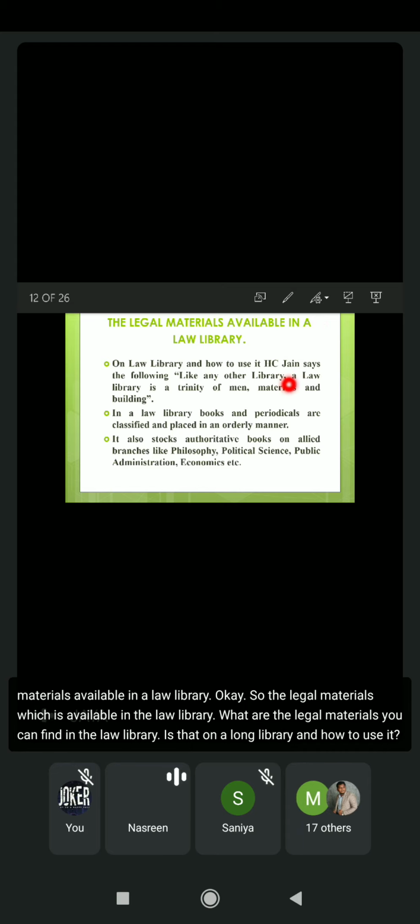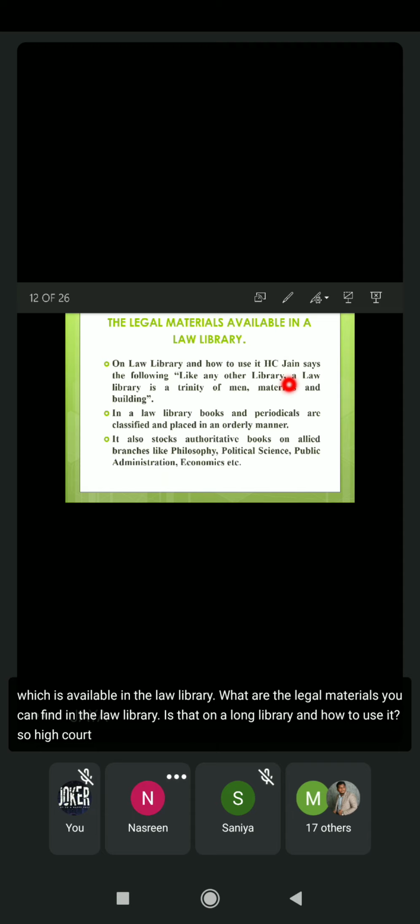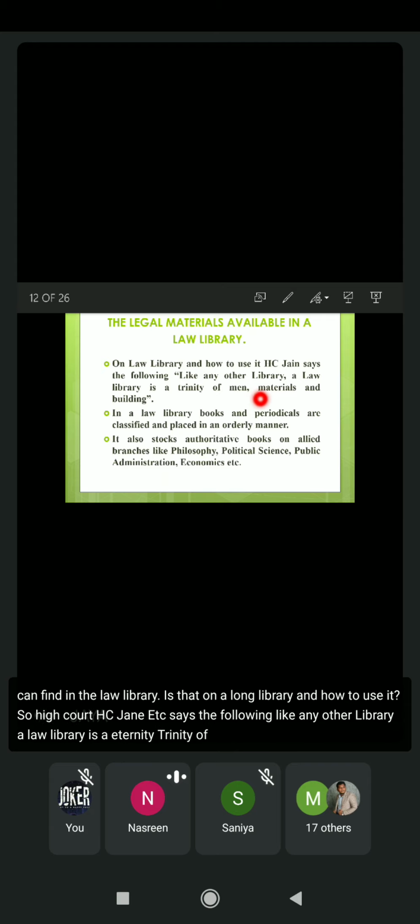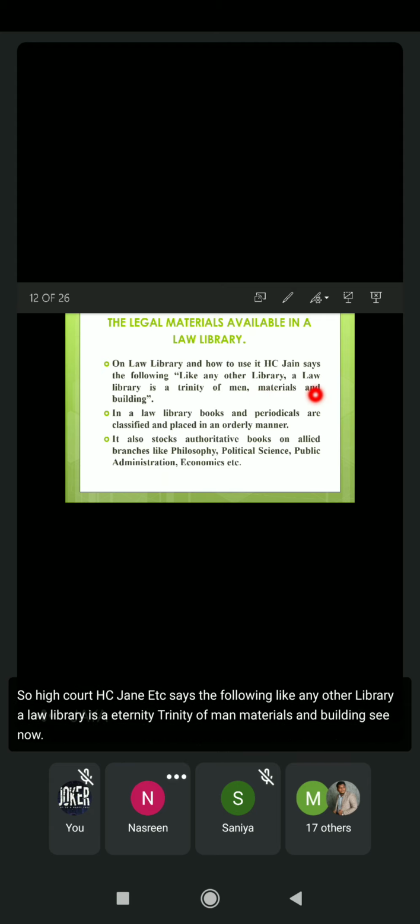H.C. Jain says the following: like any other library, a law library is a trinity of man, materials, and building.